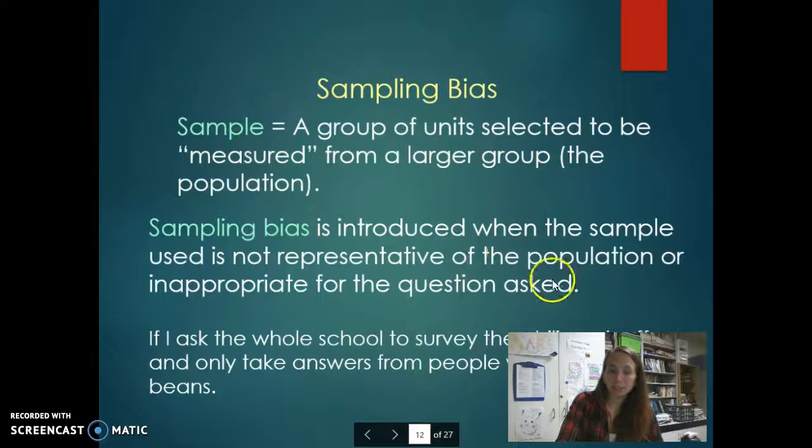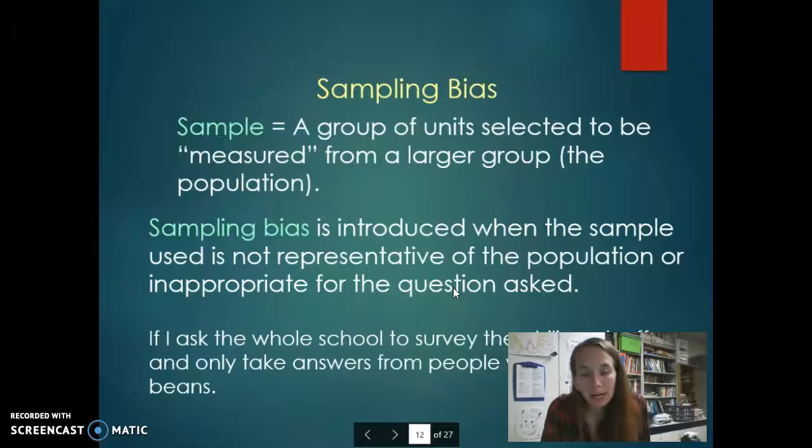A sampling bias is if I took a random group of people and I asked them to taste all of the chili. Okay, so now I have a whole bunch of people who have tasted this chili, and I only take the people who don't like beans.